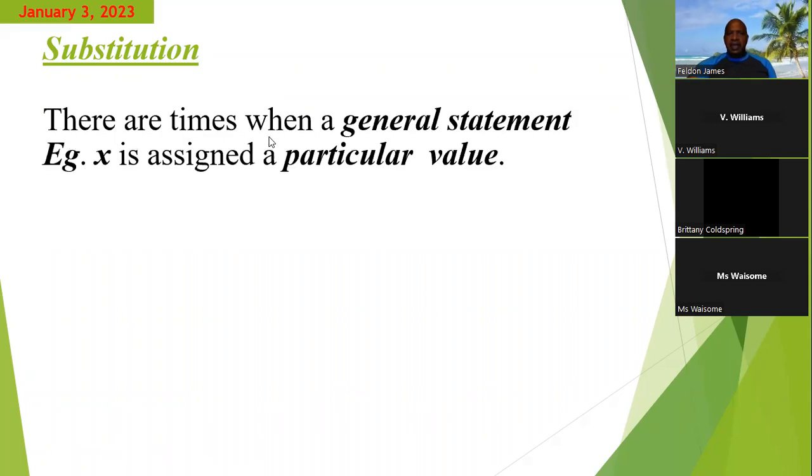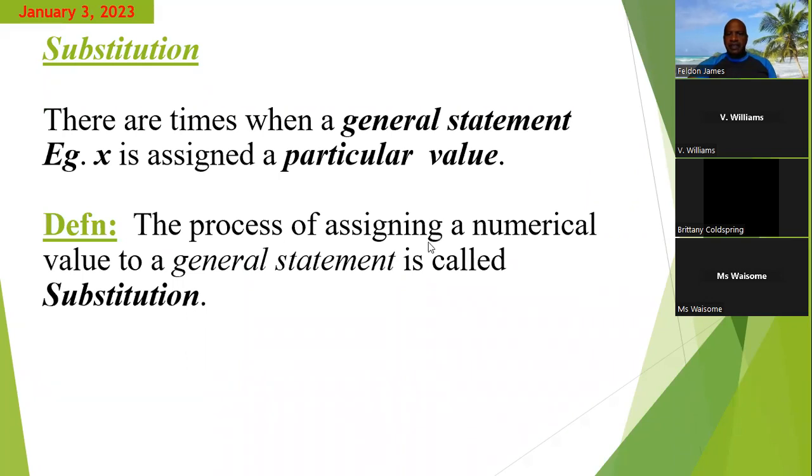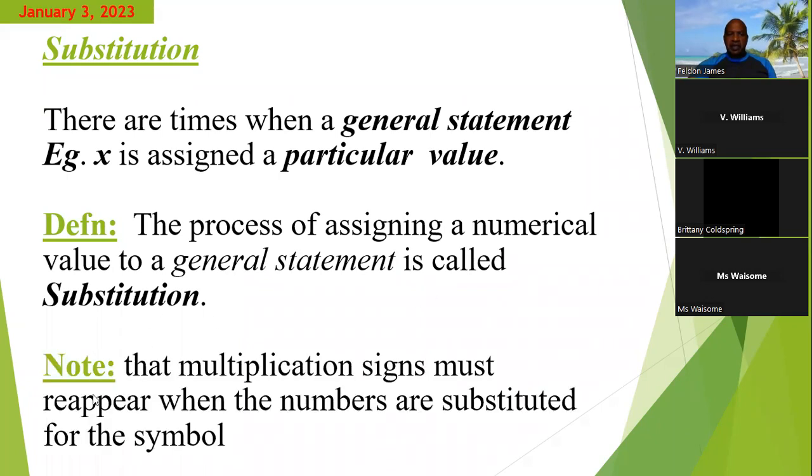So there are times when general statements, for example, X is assigned a particular value. The process of assigning a numerical value to a general statement is called substitution. Note that the multiplication sign must reappear when the numbers are substituted for symbols.